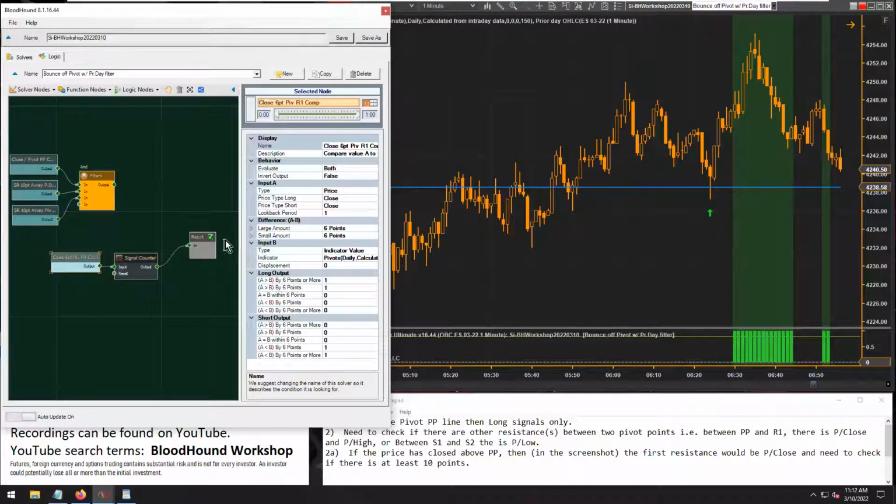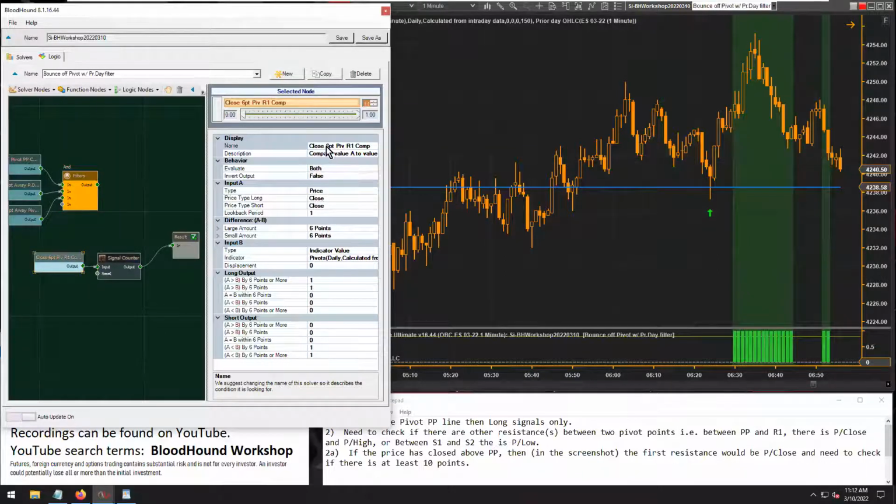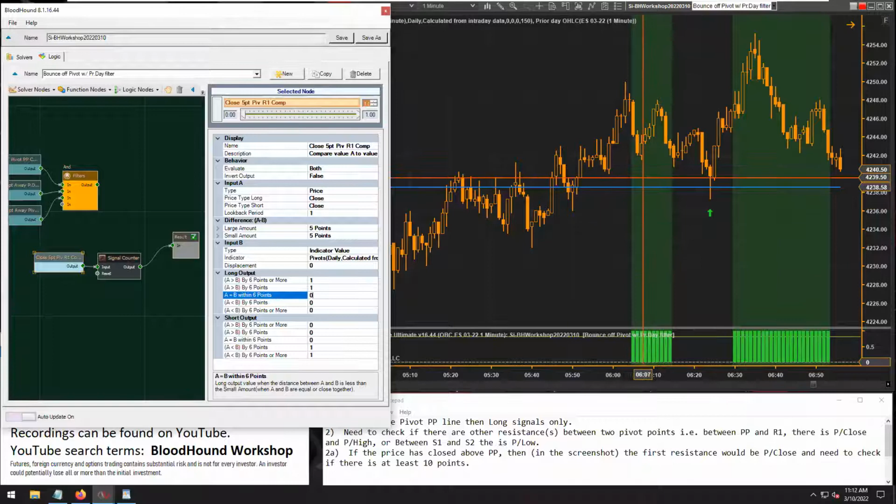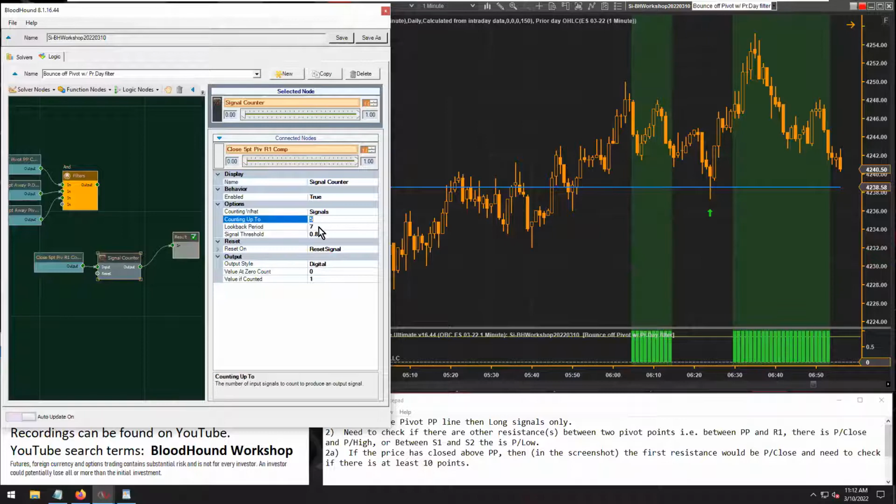So just for the sake of producing signals here, let's knock this down to only 5 points of separation. And let's see if that will help us get a signal there. Okay, there we go. All right. So now we have a long output telling us that back here we did get 5 bars out of the last 7 where there's 5 points of separation.